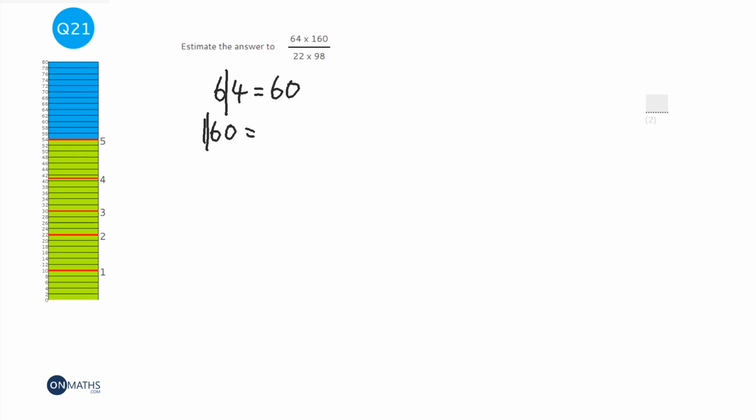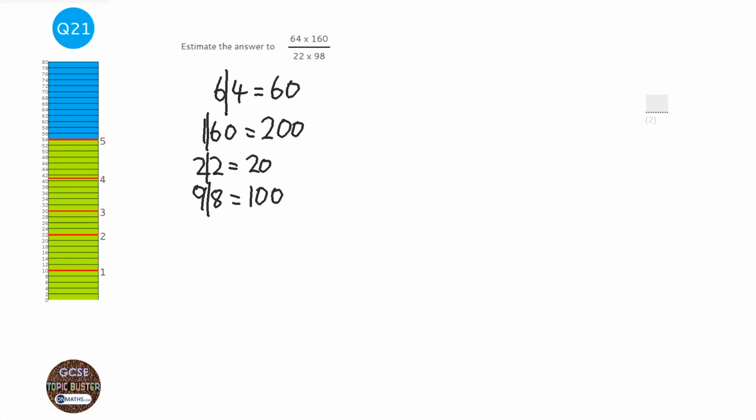That 1 will round up to a 2 because the next number is 5 or more, and the other numbers will turn to 0. 22 at the bottom, line goes down there, that rounds to 20. 98, line goes down there, the 9 will go up to a 10, and the 8 will turn into a 0. So that question turns into 60 times 200 over 20 times 100.